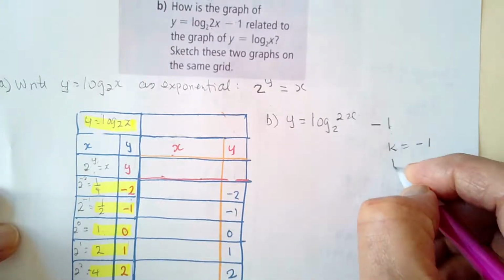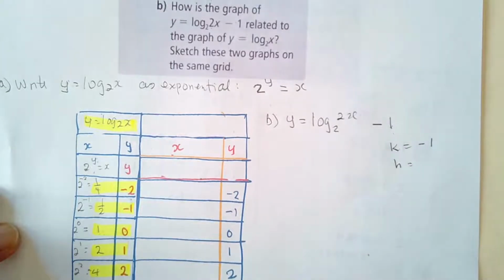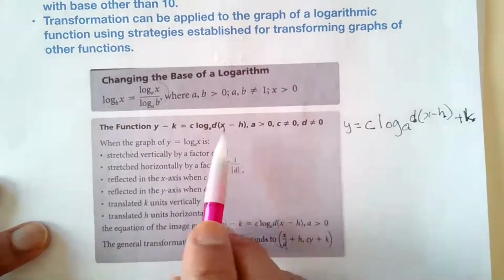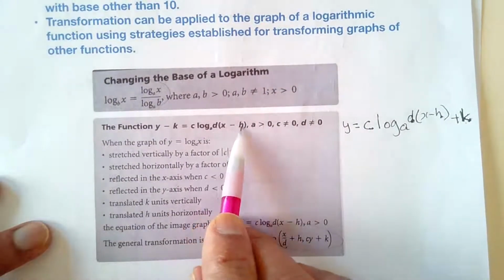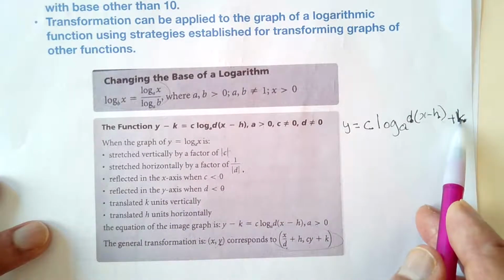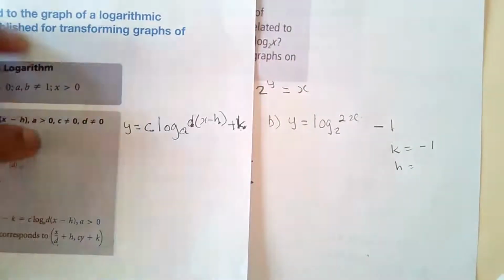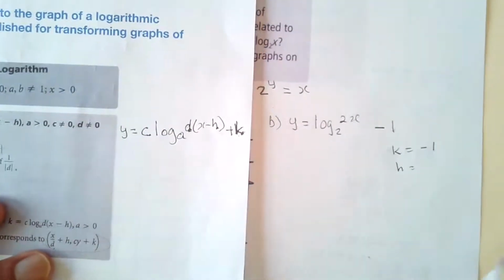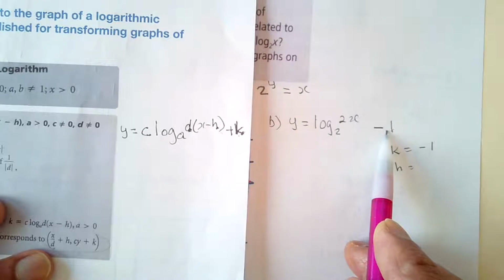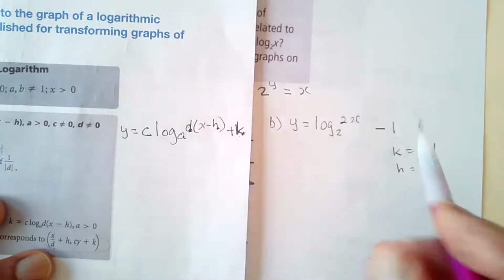Now h, there's no h. Remember our standard formula, if you go back, has d and h. So we have a k across here. I'll just put it side by side. So k is negative 1. There's no h, so we put 0 there.